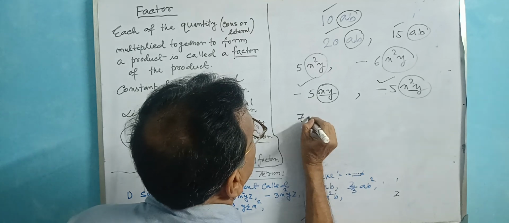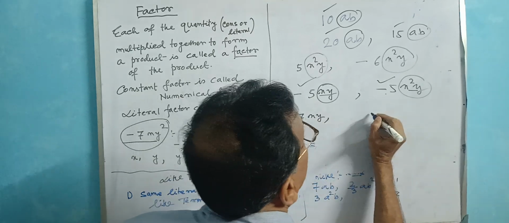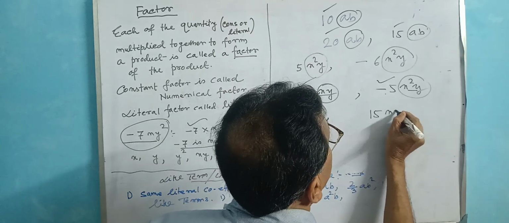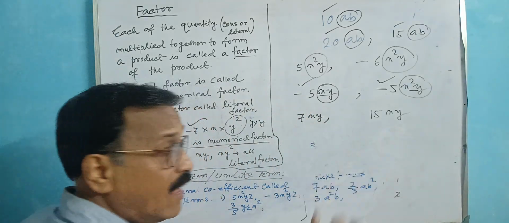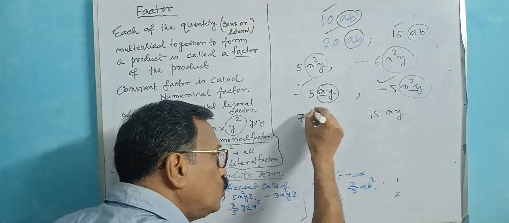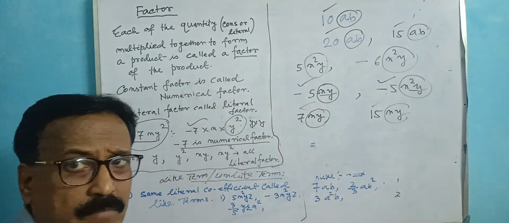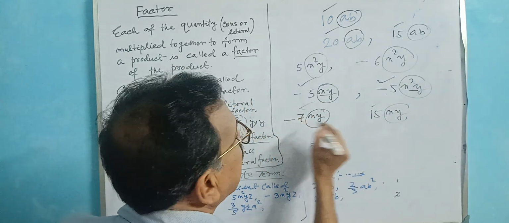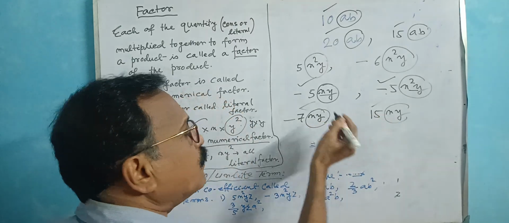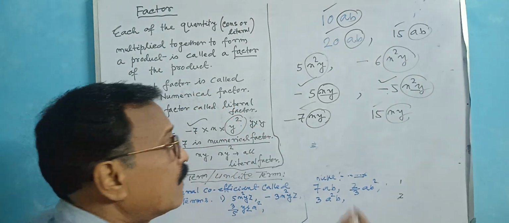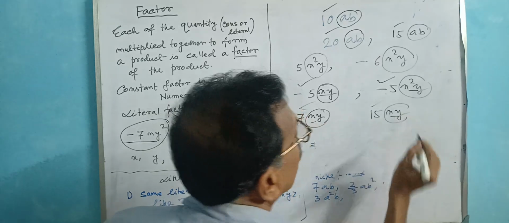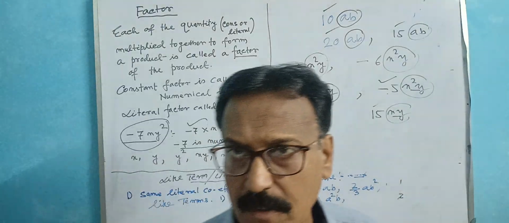Suppose this is 7xy. Here is 15xy. These are the like term because you just choose the literal part xy. The numerical part may be different. This is 15, this is minus 7. No problem at all. But the literal part, this is xy, this is xy. So this is called the like term.